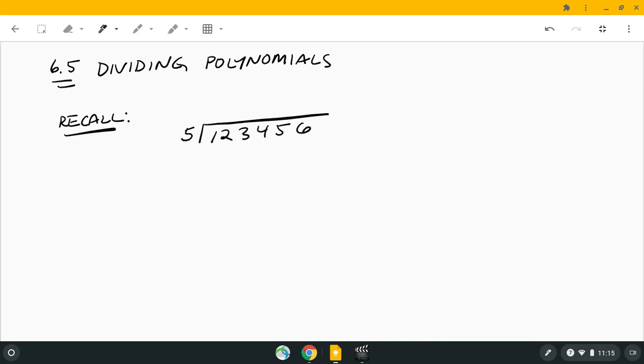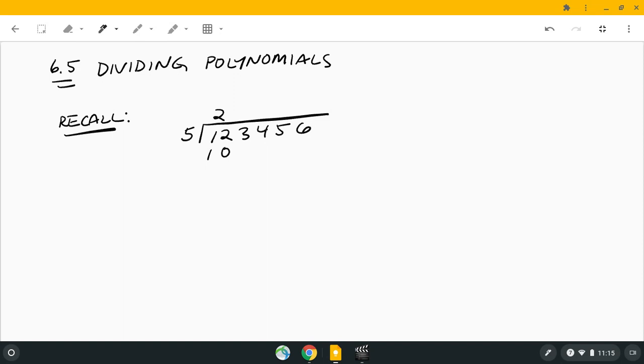What we do here is we try to figure out 5 times what equals this number here, or close to it, without going over. 5 doesn't go into 12 evenly, but it's pretty close when I multiply it by 2. 5 times 2, and then I multiply these numbers and put the answer underneath here.